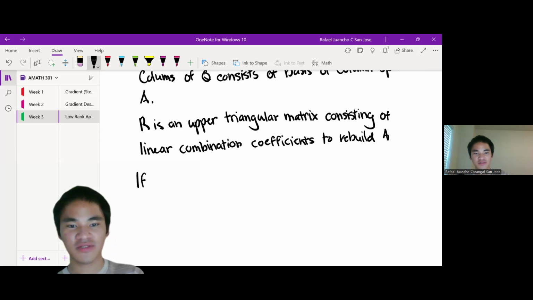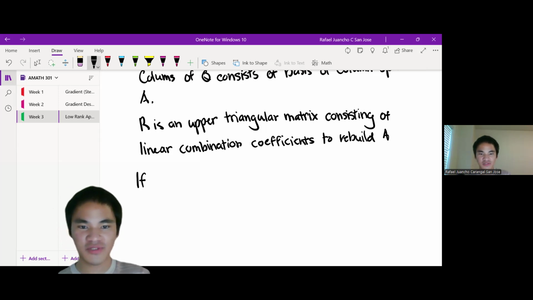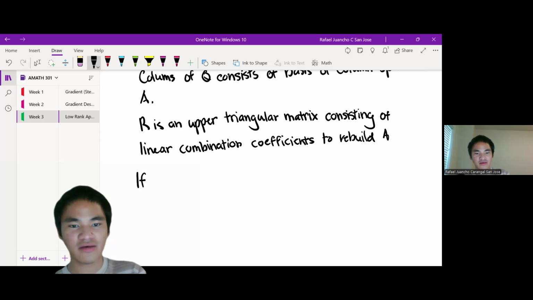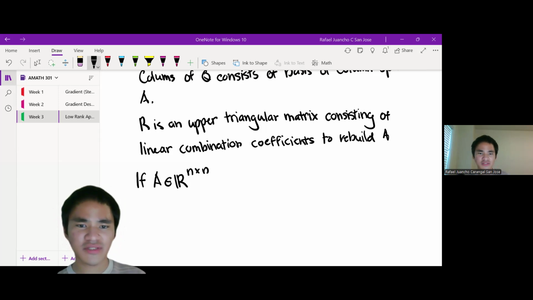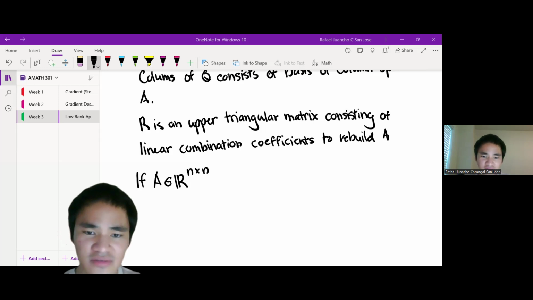So this is really just a brief overview of what decompositions there are that we could use to make our algorithms more efficient. Because at the end of the day, data is just a matrix, right? We can identify them or classify them as matrices and vectors. That's the basics.